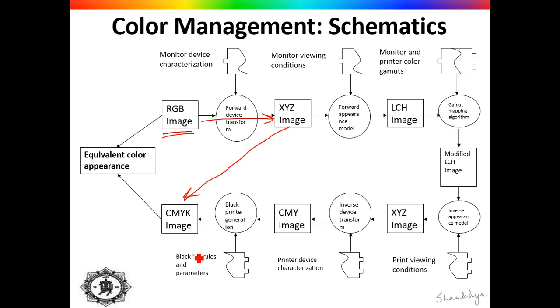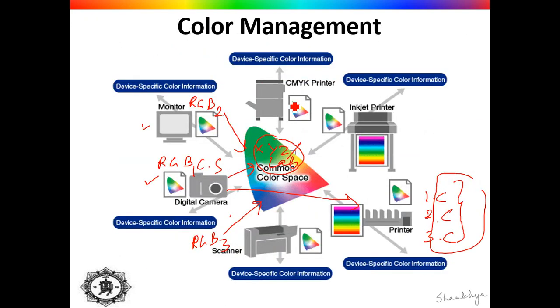So why do we do this? In this case also, we are converting the input color spaces into device independent color space, and from here we are converting them back. Let us say this is a digital printer, hence it will have CMYK color space 1. This is an inkjet printer, a different CMYK color space 2. This is an offset printer, a different CMYK color space.